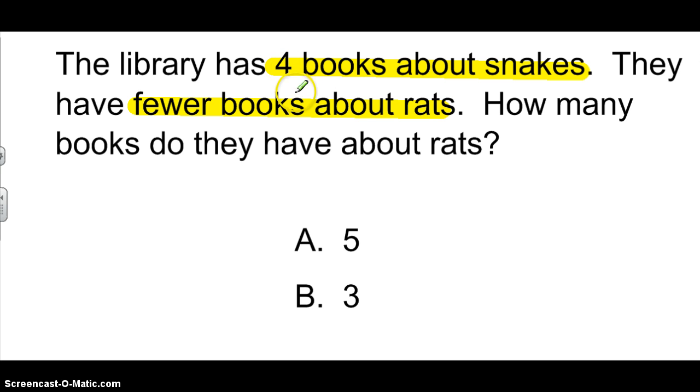Fewer than 4, so I know it has to be smaller than 4. The question they're asking is, how many books do they have about rats? Well, I know it has to be fewer than 4. So I go and look, and my first choice, A, is 5, and B is 3. Which number is fewer than 4? If you said 3, you are correct.